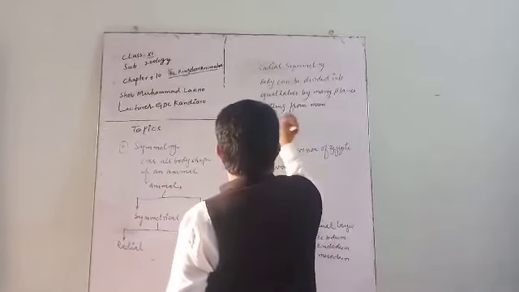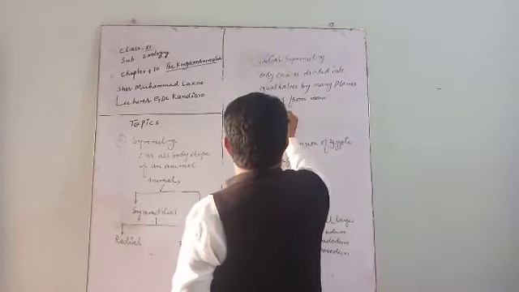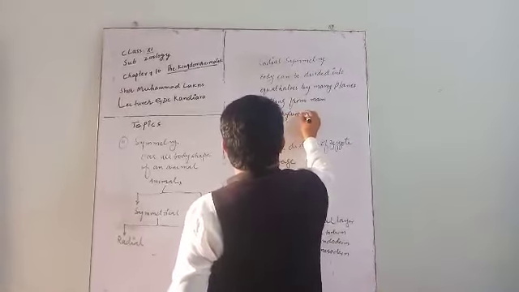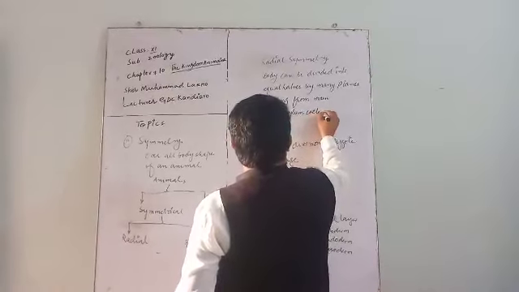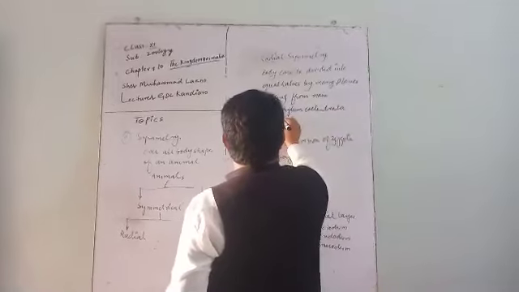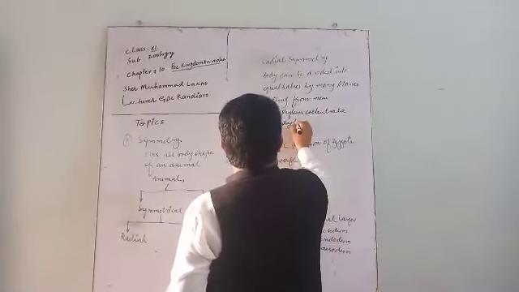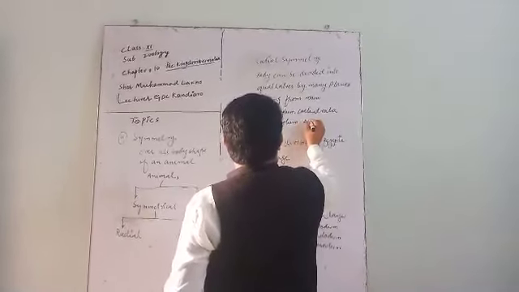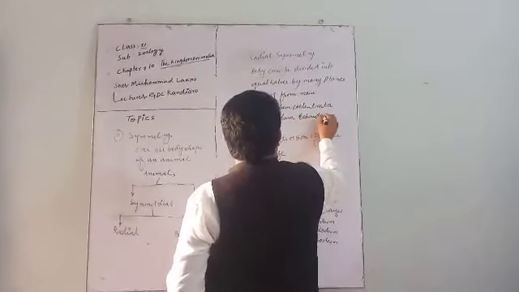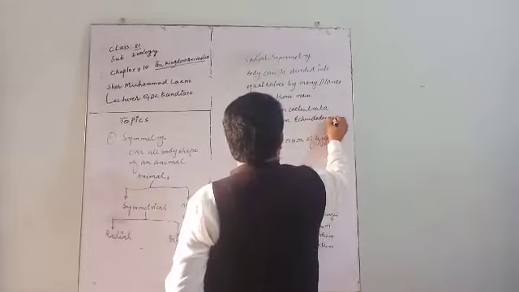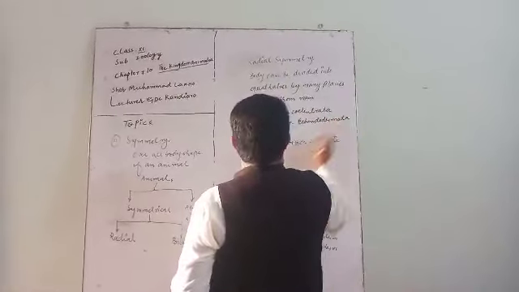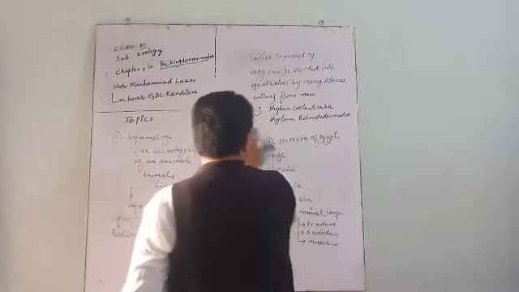Examples are phylum Coelenterata and phylum Echinodermata. These two phyla are radial symmetrical animals.